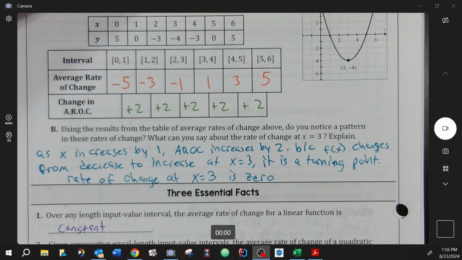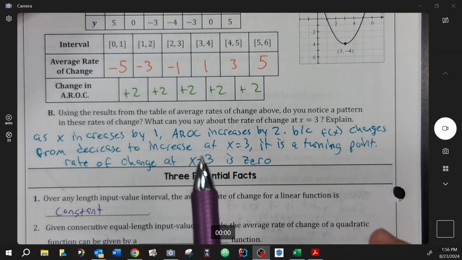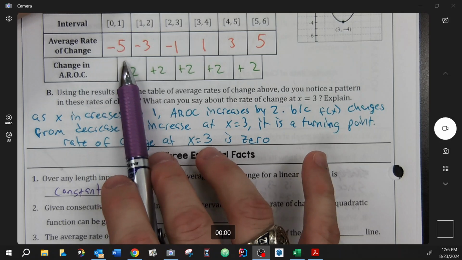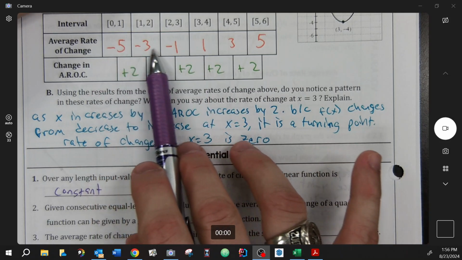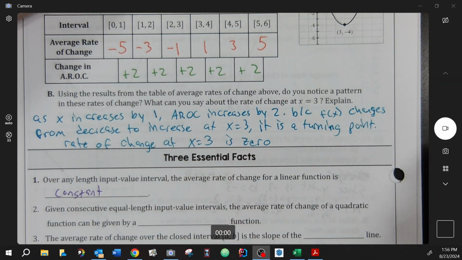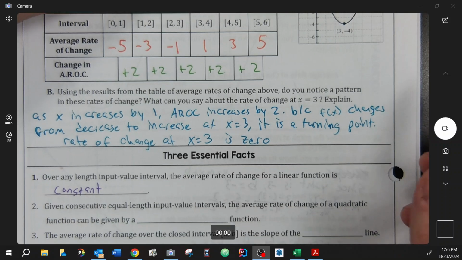What you might not have caught on to, though, is that I could have used this and this to write myself a linear function.